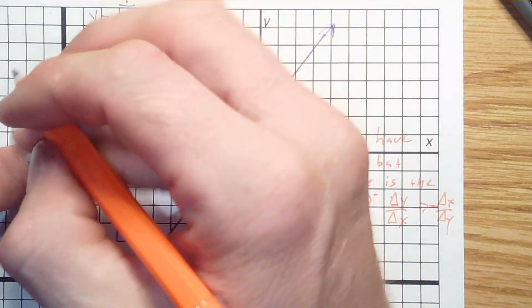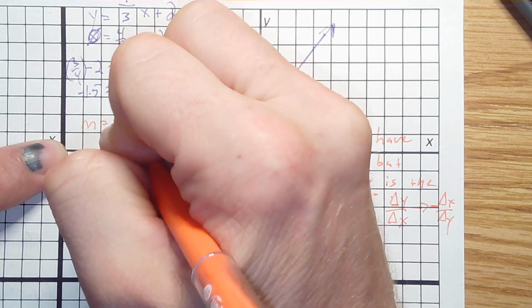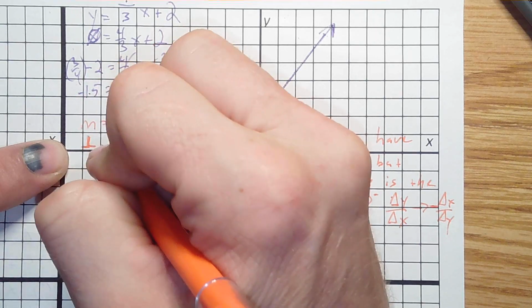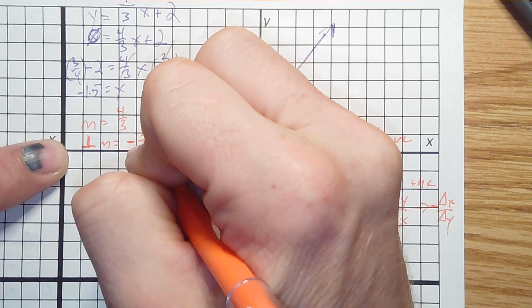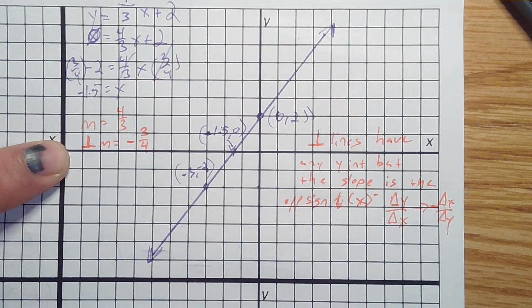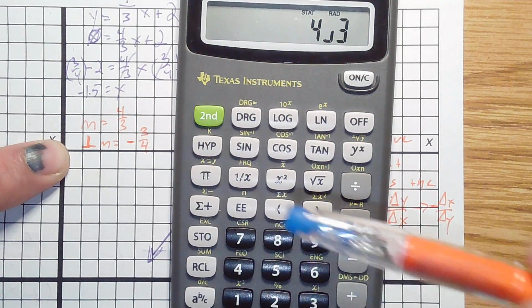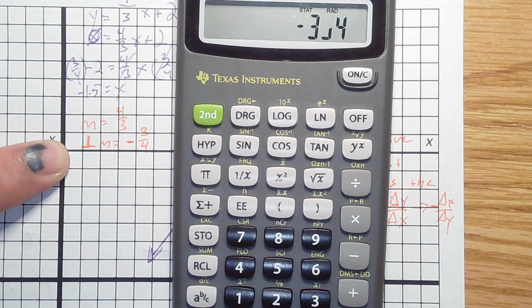The slope here is 4/3, so the perpendicular line's slope is negative 3/4. If my slope was 4/3, there's a button for that on the calculator, a reciprocal, and make it negative. So there is my negative reciprocal.